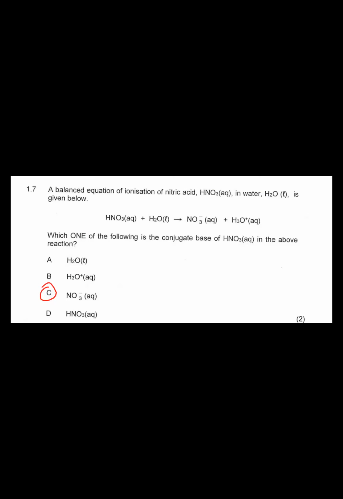Now, let us move to question number 1. Which one of the following functional groups is the characteristic of an organic compound formed when an alcohol reacts with an organic acid?